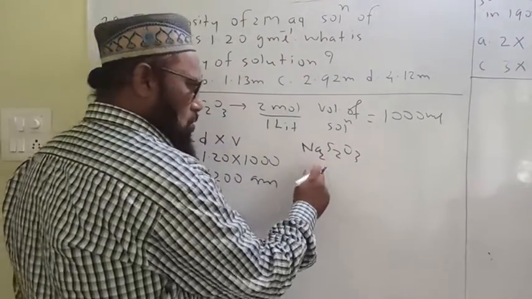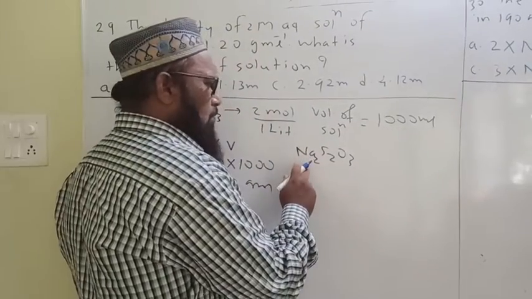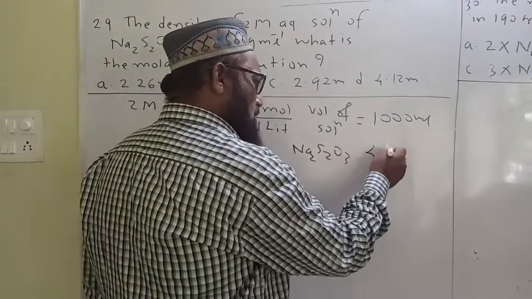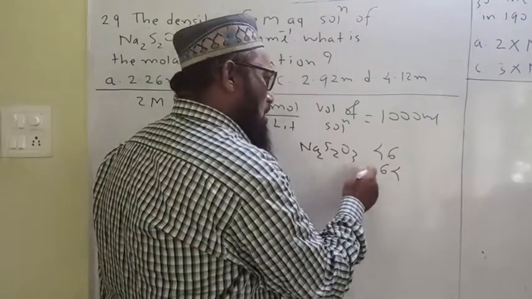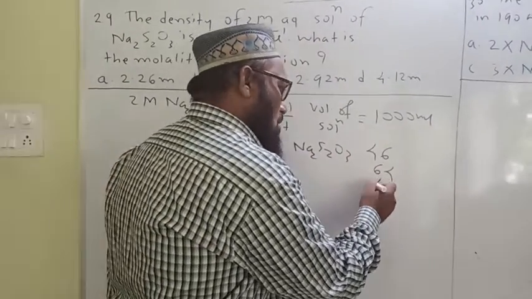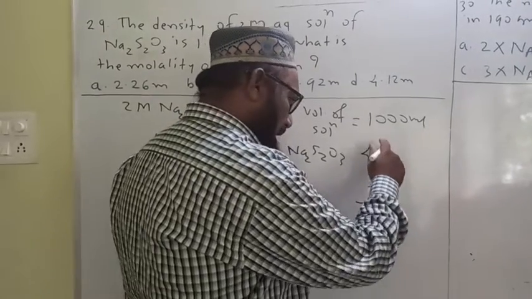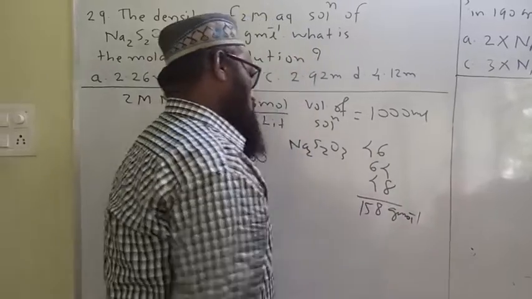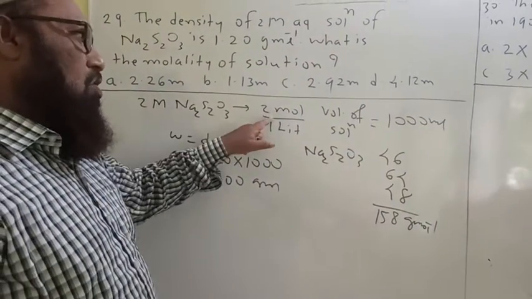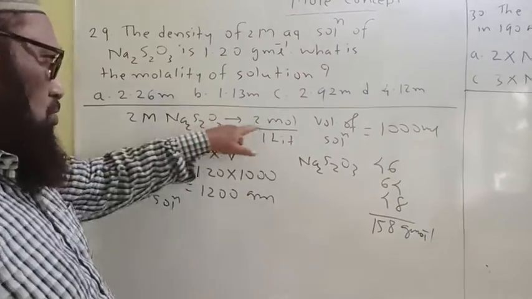Na2S2O3. 2 sodium, 1 sodium 23, 2 sodium 46, 1 sulfur 32, 2 sulfur 64, 1 oxygen 16, 3 oxygen 48. The addition comes here 158 gram per mole. This is the molar mass. How many mole? Here 2 mole.